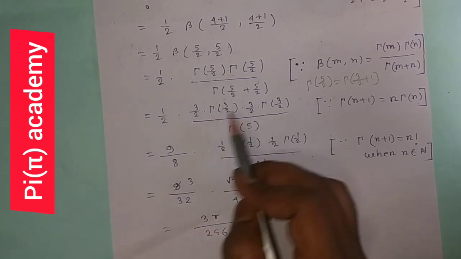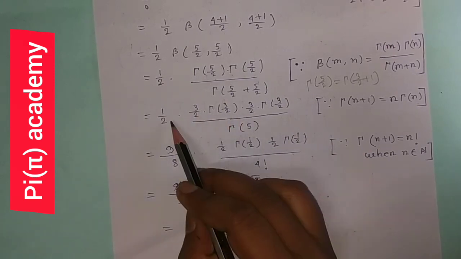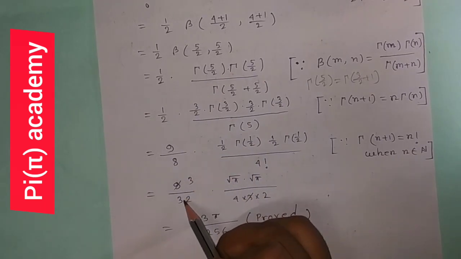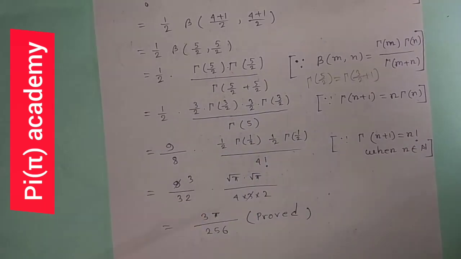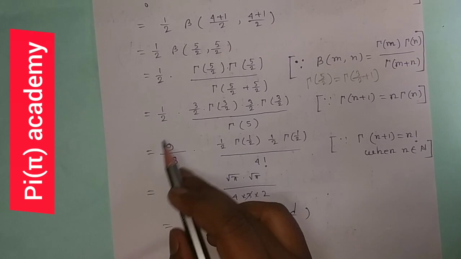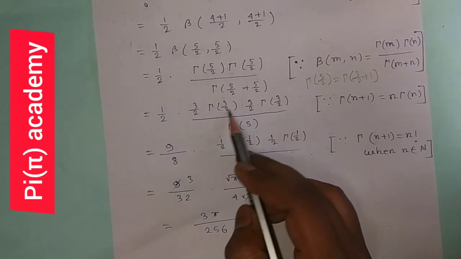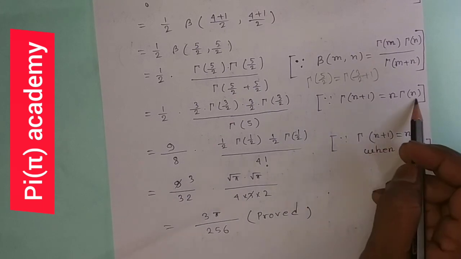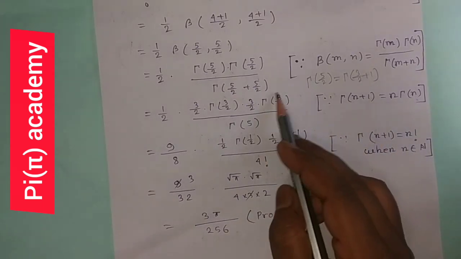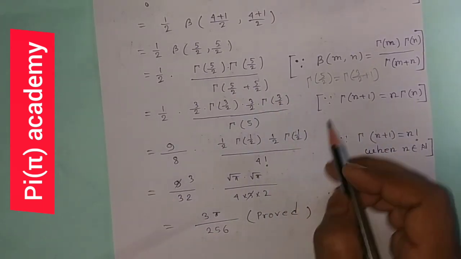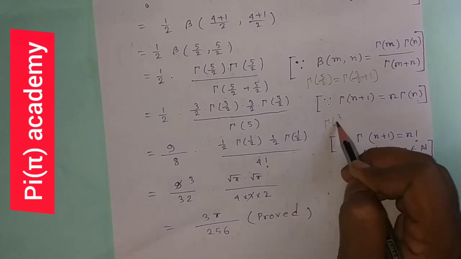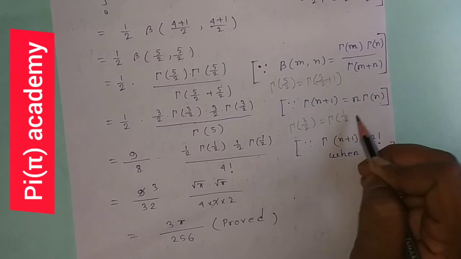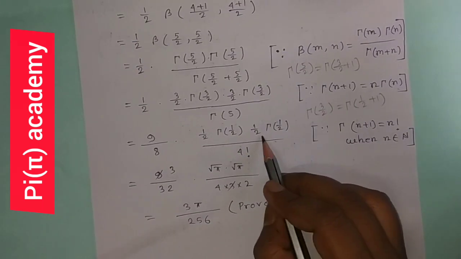3 into 3, that is 9, and 2 into 2 into 2, that is 1 by 8. This is 9 by 8. And now gamma 3/2 equals half gamma half by the same rule, because gamma 3/2 equals gamma (half plus 1), that is half gamma half.